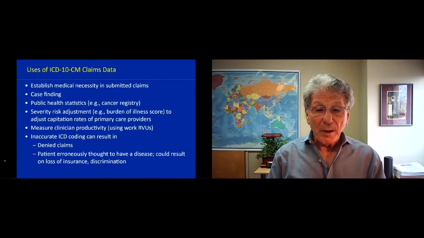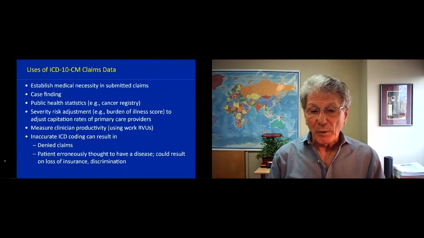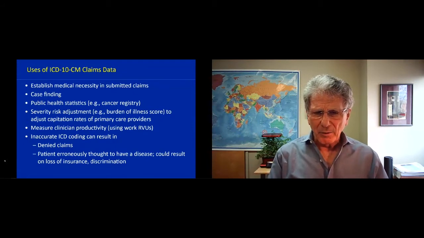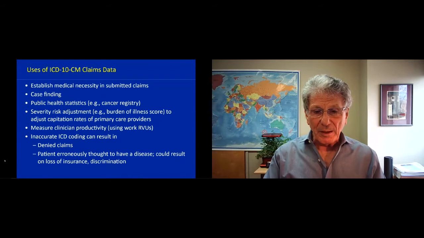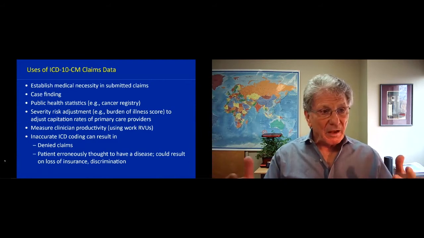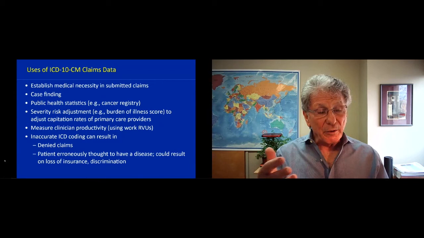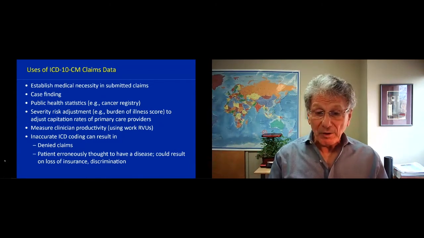They're used for public health statistics. They're used for what's called severity risk adjustment, which primarily has to do with how primary care providers are paid. In other words, how sick or how healthy are the people in a given practice. They're used in many cases to measure your productivity in either primary care offices or multi-specialty offices.